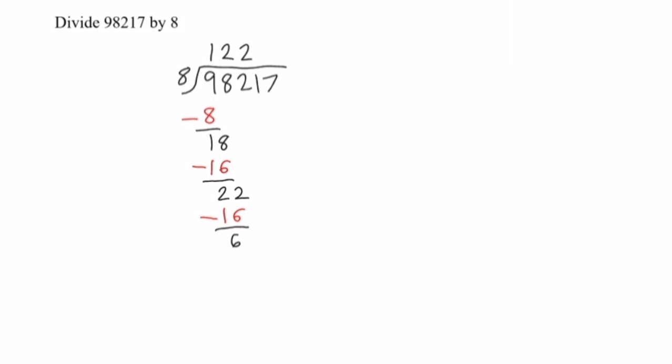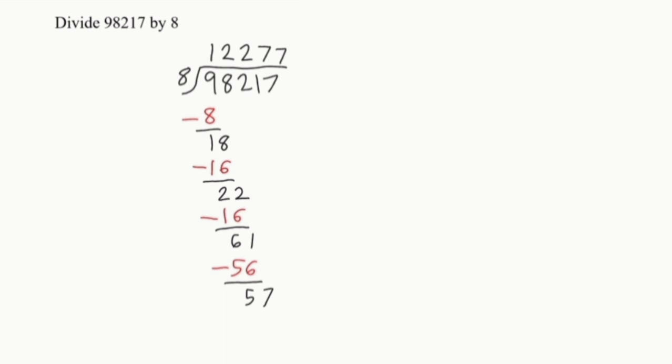Bring the next digit down, which is 1, to get 61. Divide 61 by 8 to get 7 with the remainder of 5. Multiplying 7 by 8 gives us 56, so we subtract 56 from 61 to get 5. Bring the next digit 7 down to get 57. Divide 57 by 8 to get 7 with the remainder of 1.